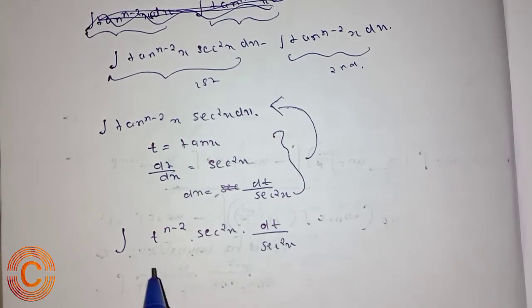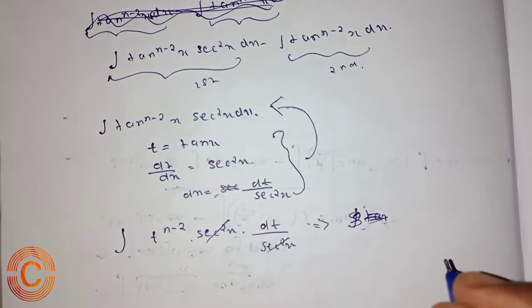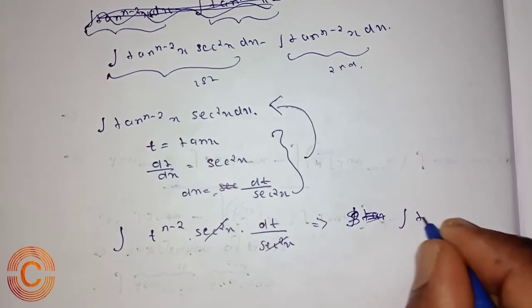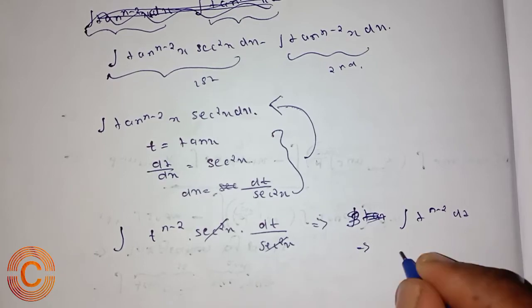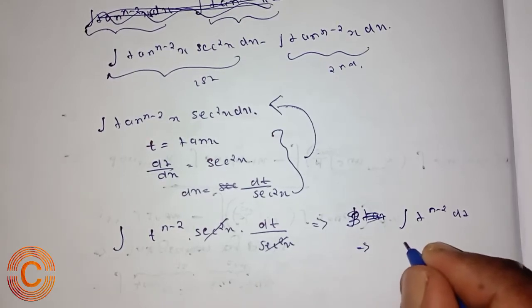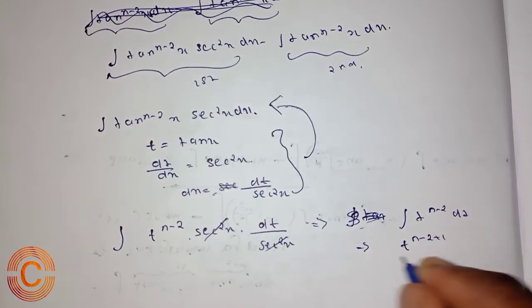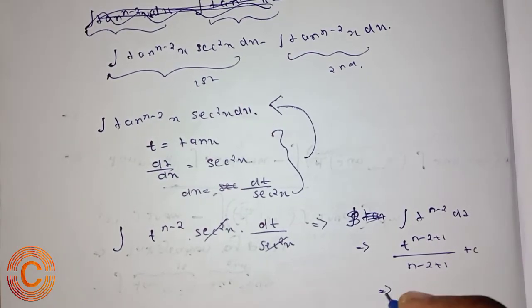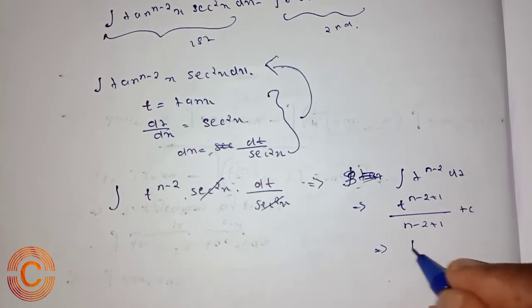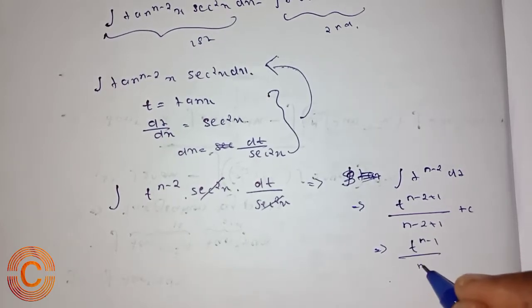By cancelling this term, finally we get the integral of t^(n-2) dt, which is equal to t^(n-2+1) divided by (n-2+1) plus c. Then it becomes t^(n-1) divided by (n-1).